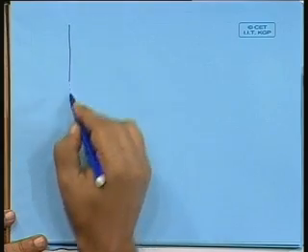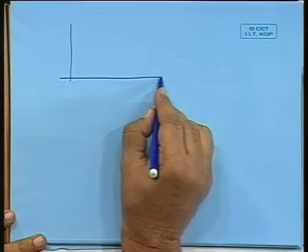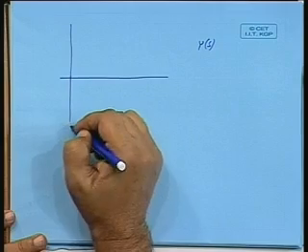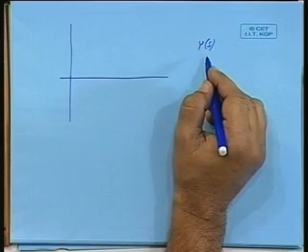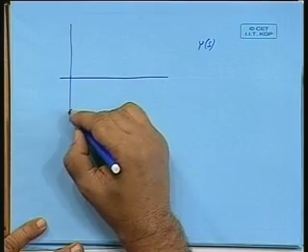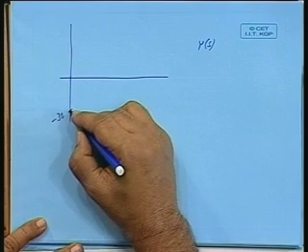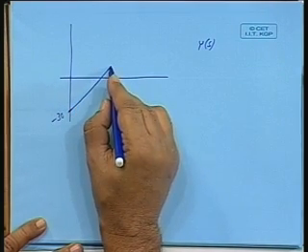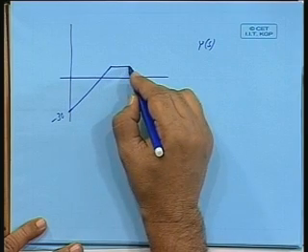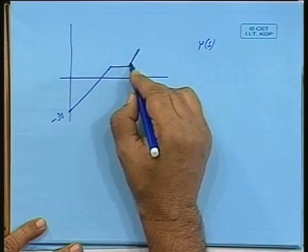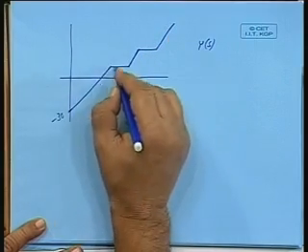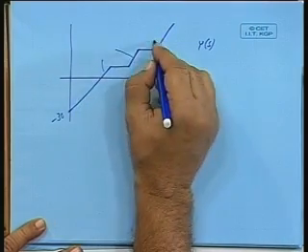Network function Y(s) is shown like this. For Y(s), this is minus 30 dB, these are all 20 dB per decade slopes.